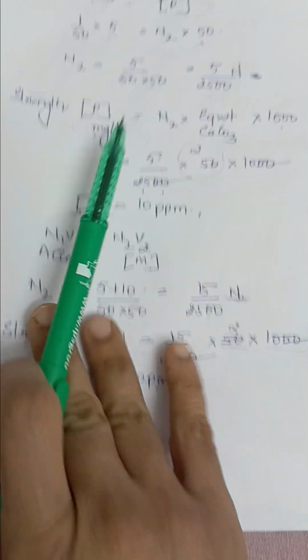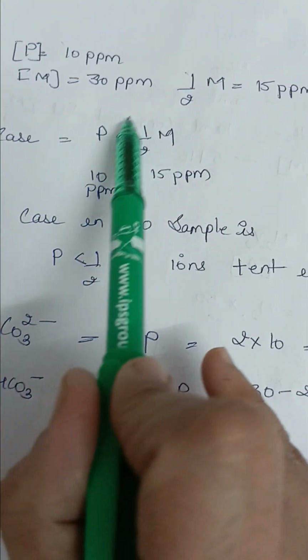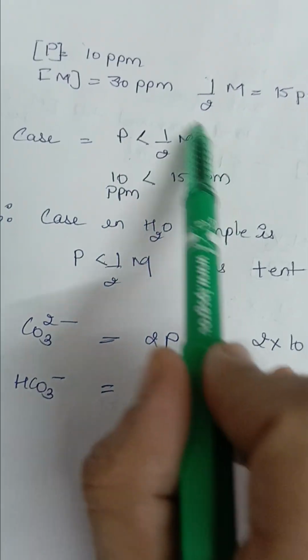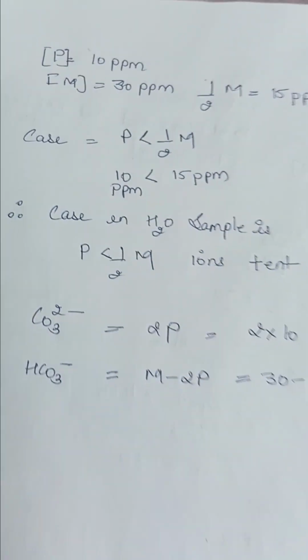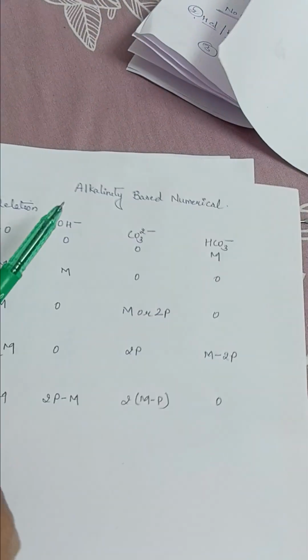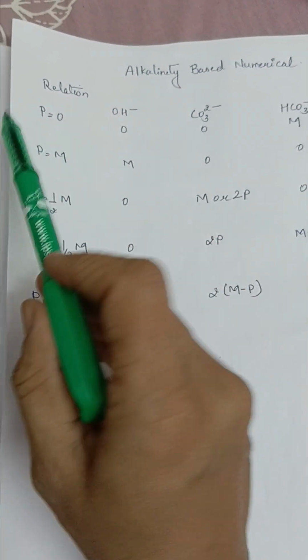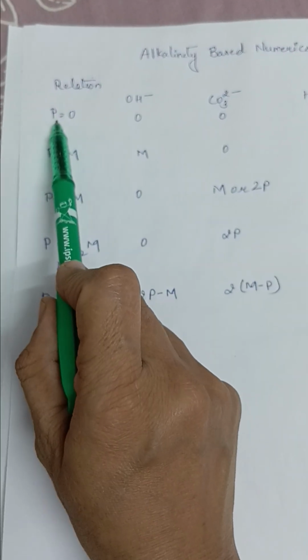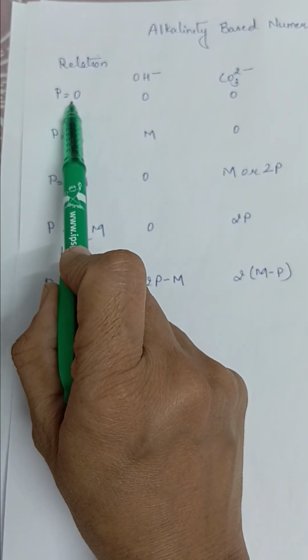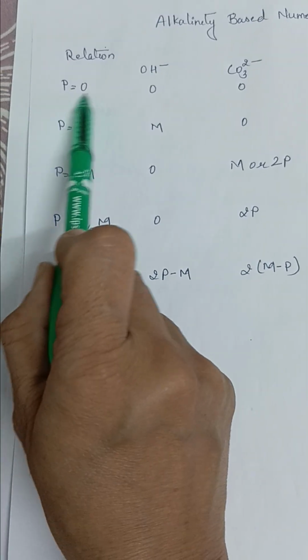After this, we will analyze what type of case is present in our water sample. We will evaluate this from the 5 cases which are established for alkalinity. P equal to 0 means the water sample is not showing any coloration with respect to phenolphthalein.